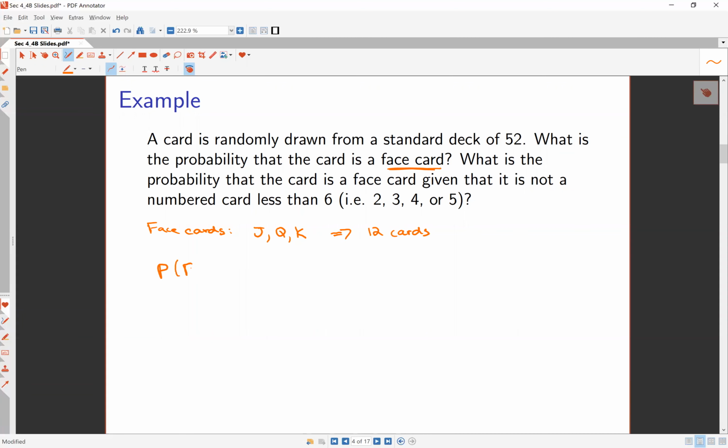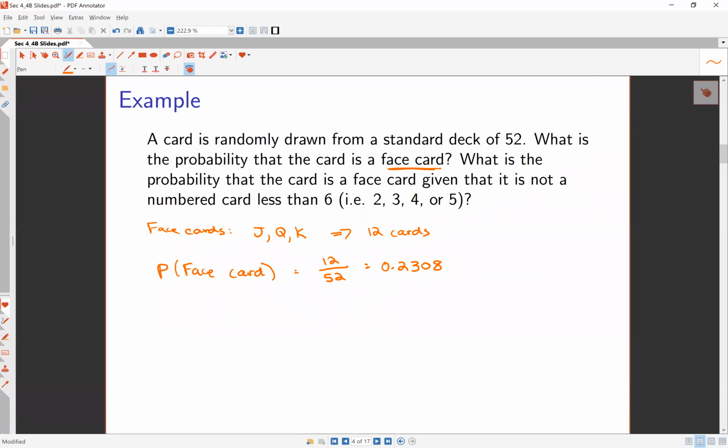So the probability that I draw a face card, I can count the number of face cards, 12, and I can divide by the size of the deck, 52, and of course I can express this as a decimal, rounded to 4 decimal places as 0.2308.